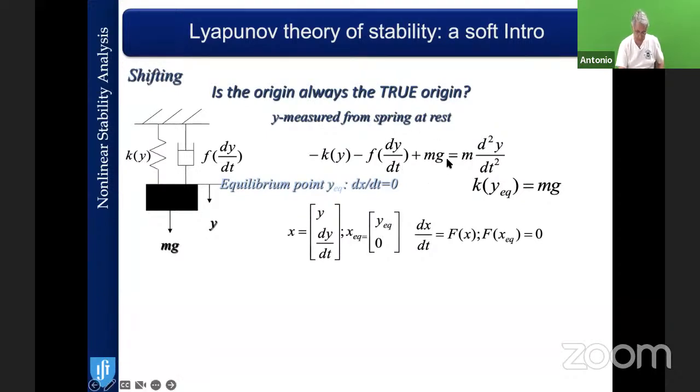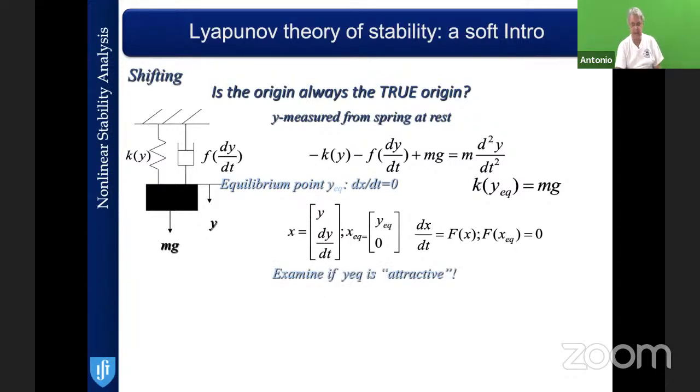And then you can write these equations, as I mentioned before for the other case, by stacking y on top of dy dt as a big vector dx dt. And the right-hand side, you call it the big capital F of x, and of course, F of x equilibrium is equal to zero, right?